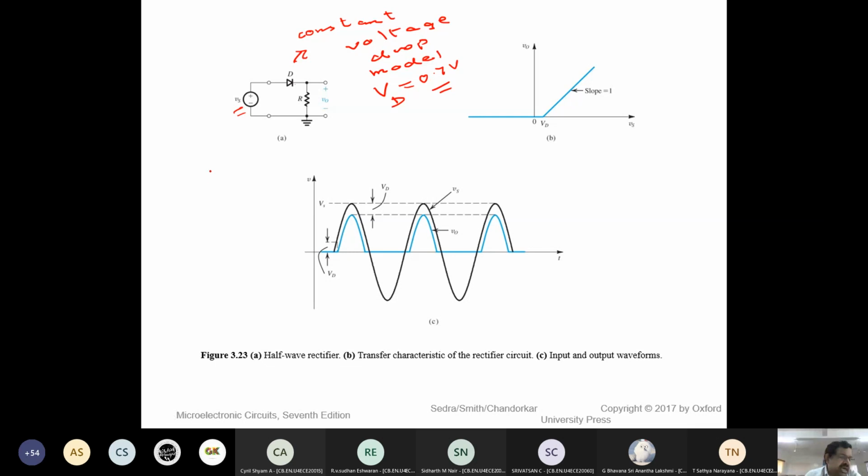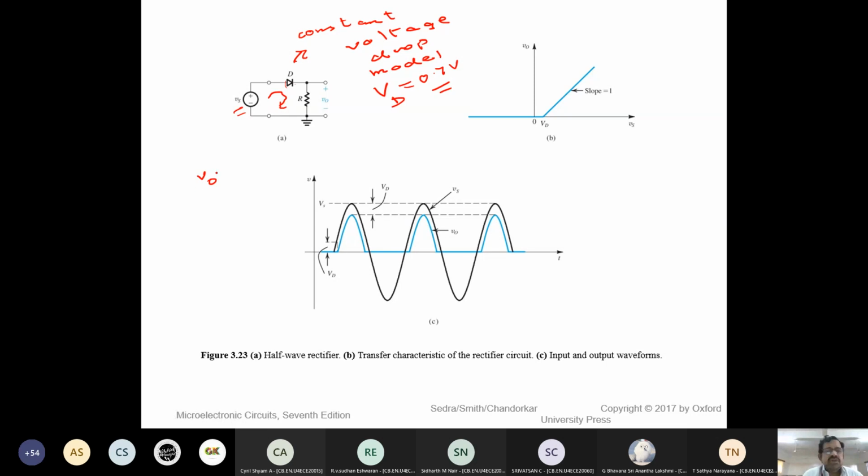So to write that, my output V out will always be the total voltage minus the diode drop, taken across the R. You apply Kirchhoff's voltage law, KVL, and you will get Vs minus Vd minus V out equal to 0.